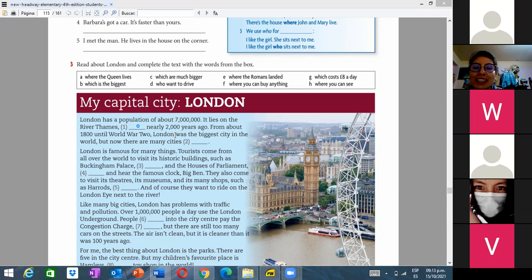Nearly 2,000 years ago, from about 1,800 until World War II. London was the biggest city in the world, but now there are many cities.